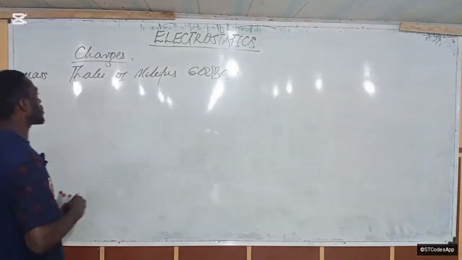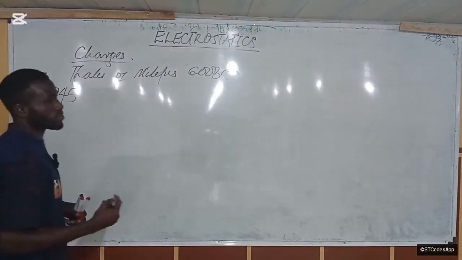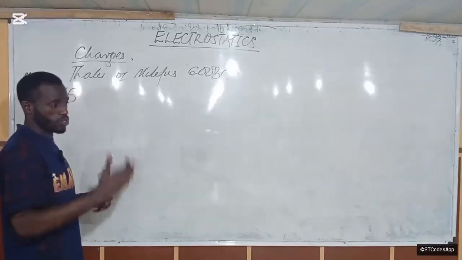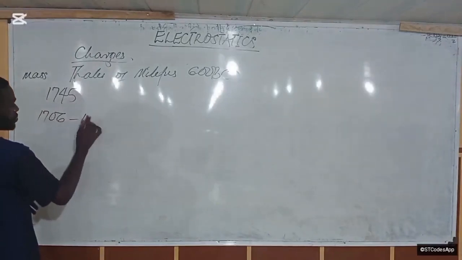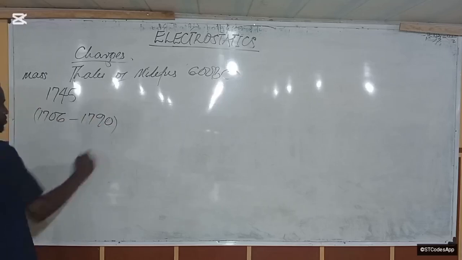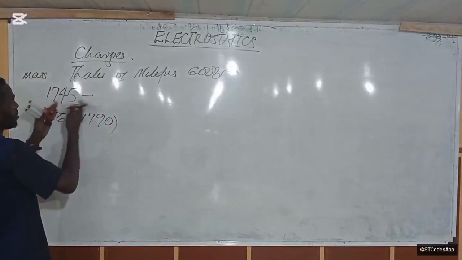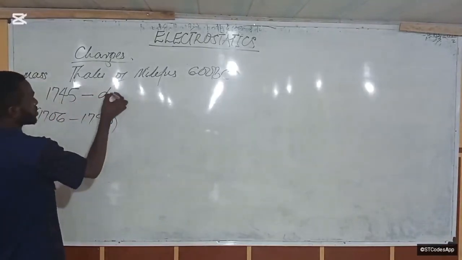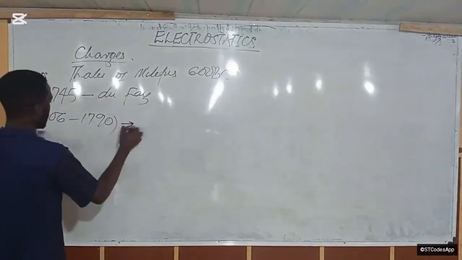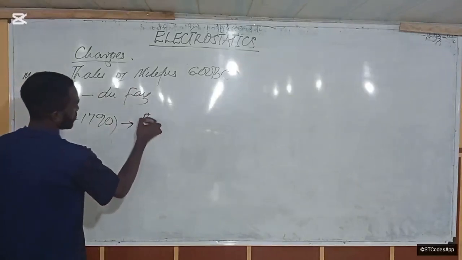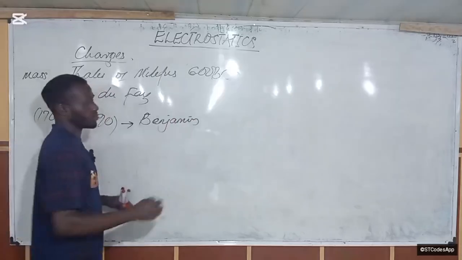Between 1706 and 1745, during the time Benjamin Franklin was alive, we had a scientist named Dufay, and we had Benjamin Franklin, an American physicist.